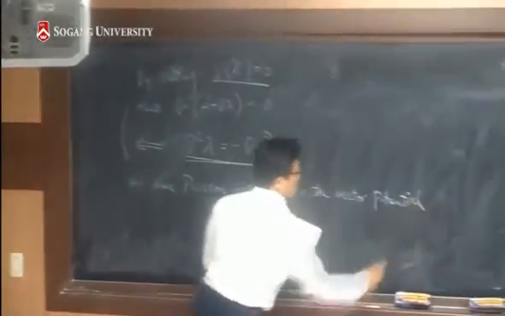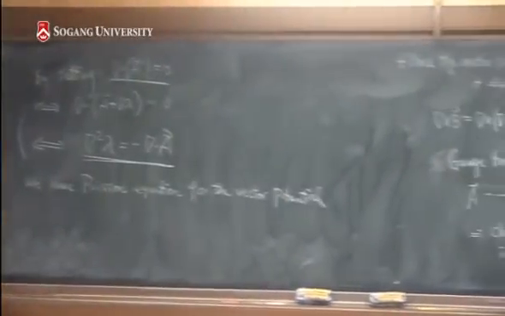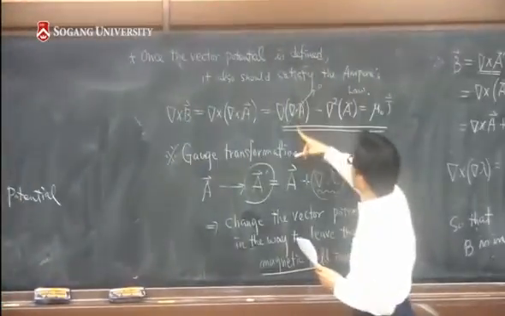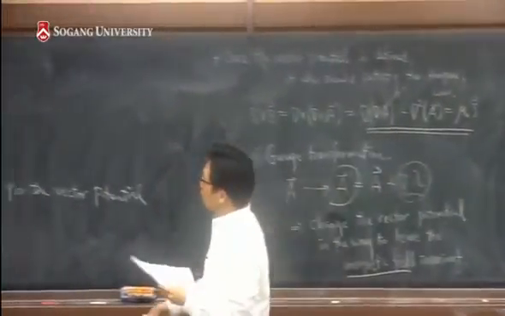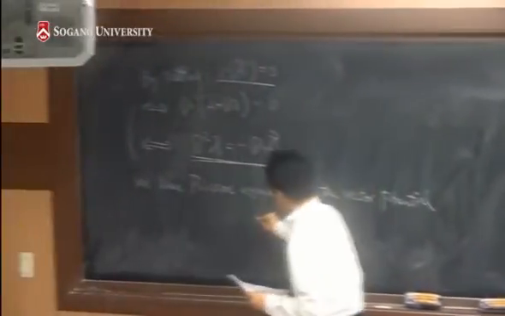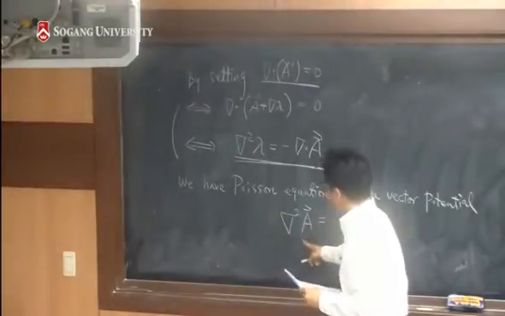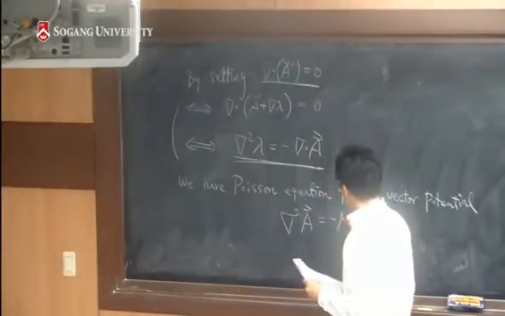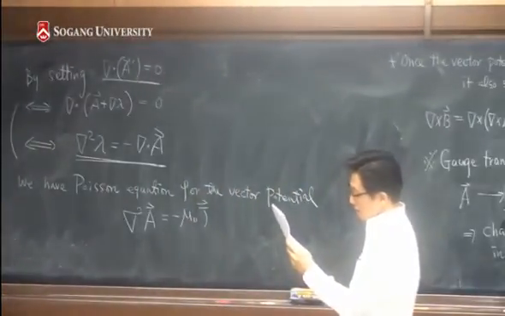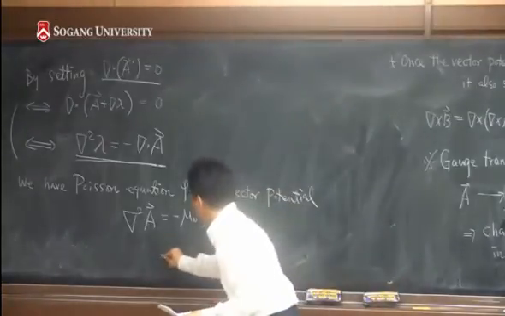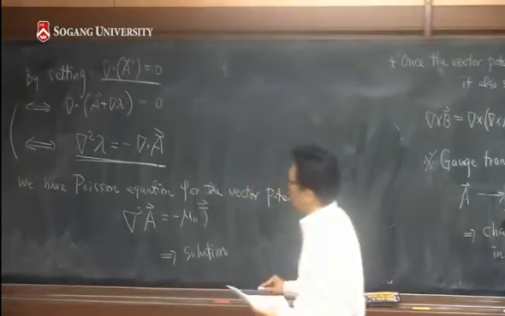If we set this to 0 and this to 0, our equation of Ampere's law will be reduced into Poisson's equation. In a way, the Laplacian applied to the vector potential is minus mu 0 times j. Okay? We know the solution of this equation, which is readily given.